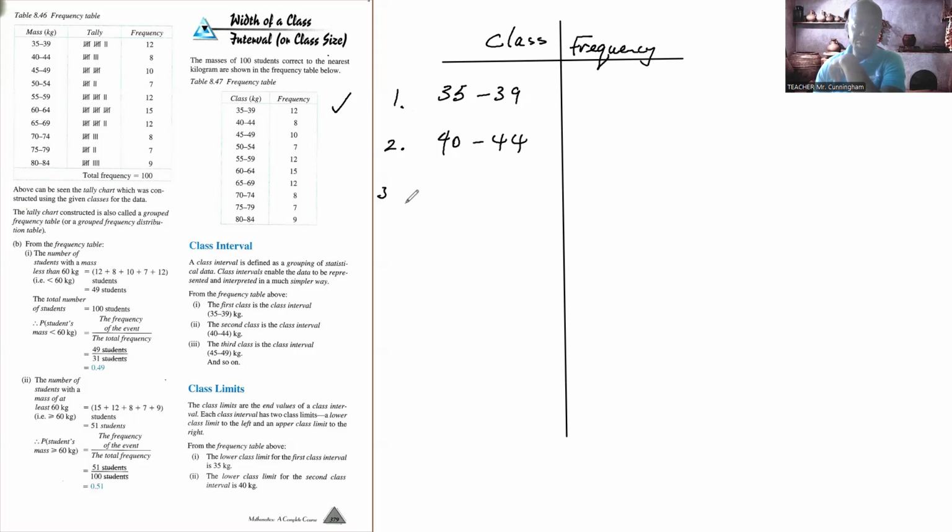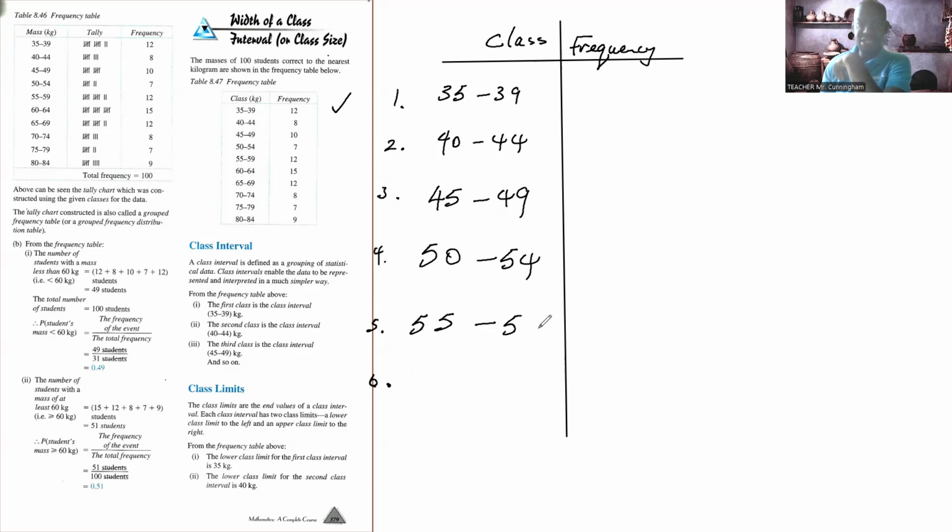The third group is 45 to 49. The fourth group, 50 to 54. The fifth group, 55 to 59. Last group, 60 to 64.